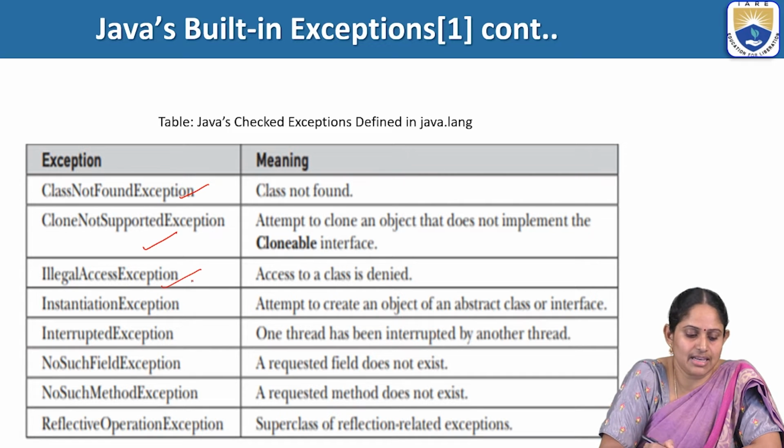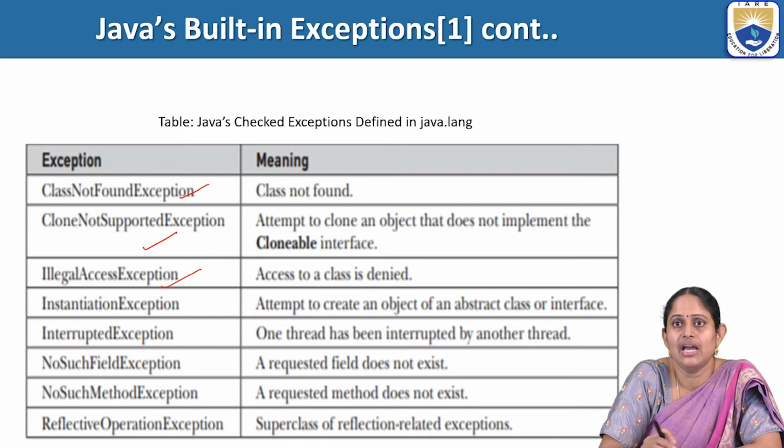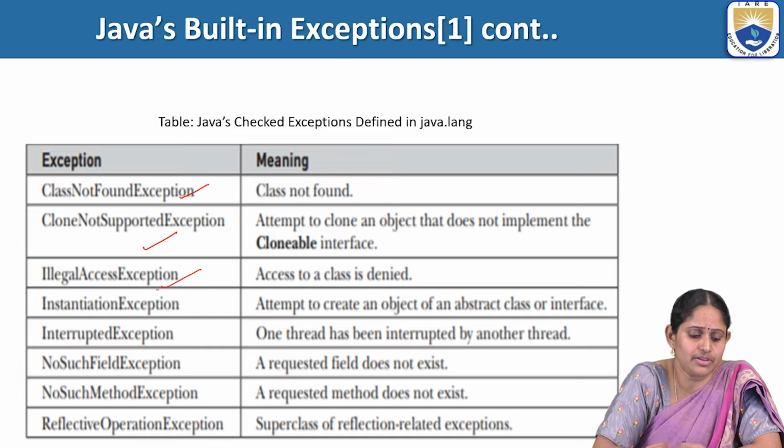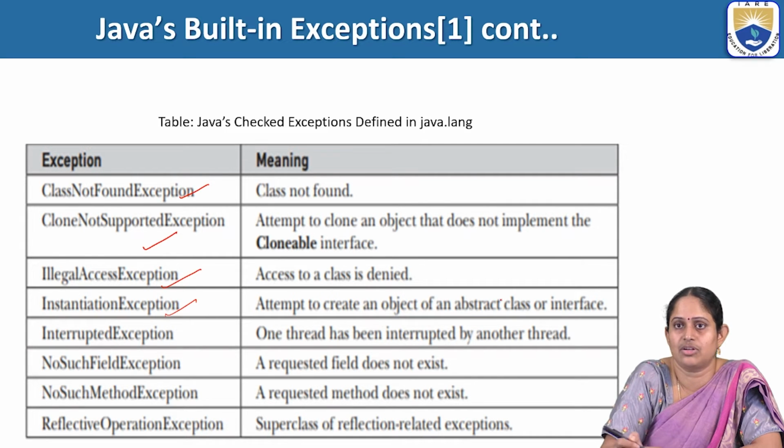IllegalAccessException will be thrown when you try to access a class to which access is denied, like you are trying to access a class which you don't have the right to access. In such cases, it will throw IllegalAccessException. Next is InstantiationException, when you try to create an object of an abstract class or an interface.